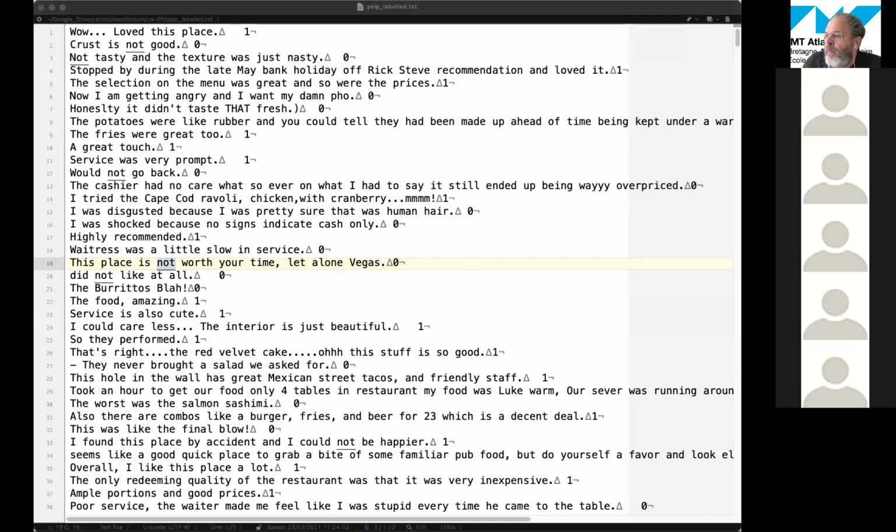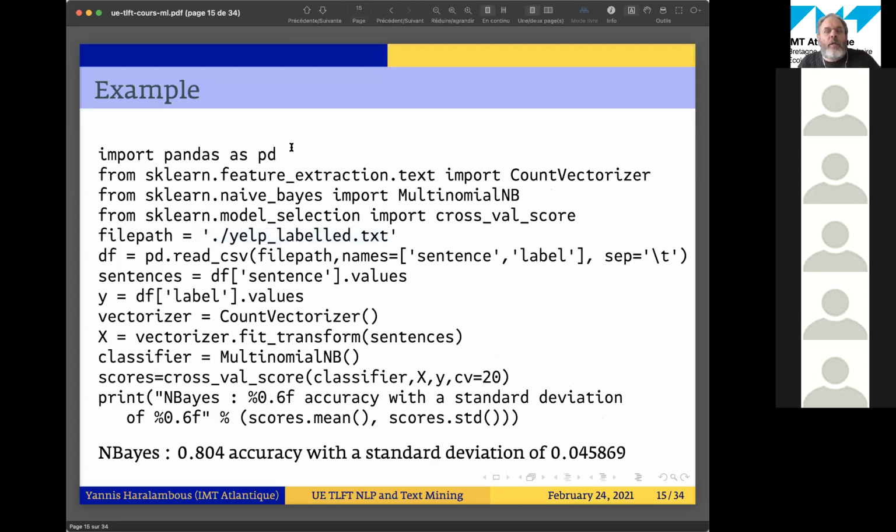Here we are. And as you see, we use pandas. We use a count vectorizer. This count vectorizer will take a data frame. So here is my file. I'm reading this file as a comma-separated values file.